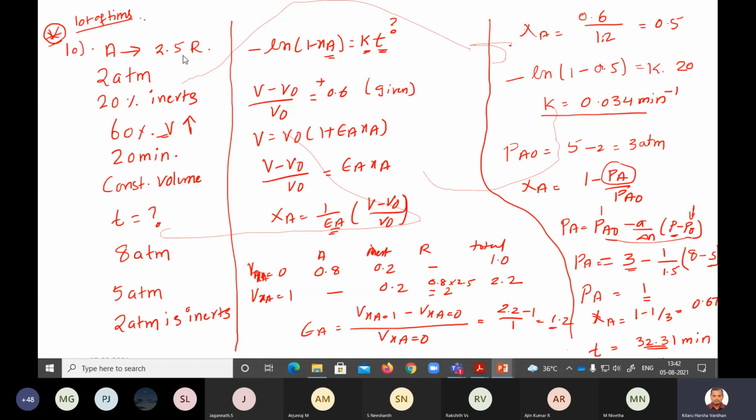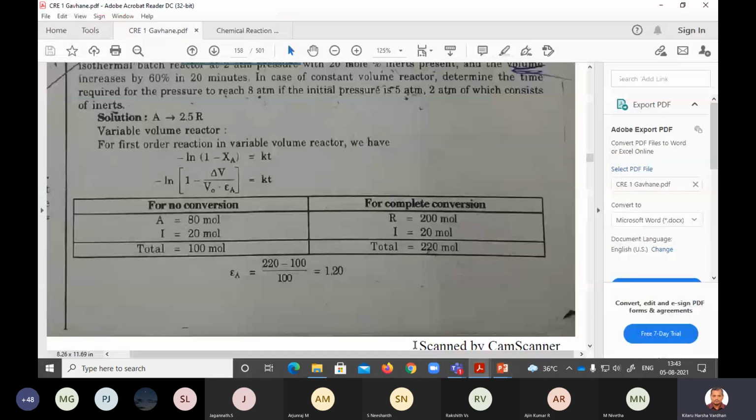R, how much is R? 2.5 times how much of A is there. Therefore 0.8 into 2.5 will give you 2. The total will be 2 plus 0.2 plus 0 is 2.2. Epsilon A is (2.2 minus 1) divided by 1 is 1.2. The same thing you get here, 1.2, right?